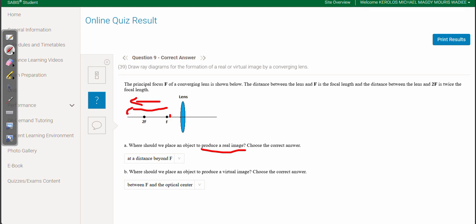Any object placed here will produce a virtual image. Just know this. Any object between F and the lens, or F and the optical center, will always produce a virtual image. Anything beyond that will produce a real image. So where should we place an object to produce a real image? Anything beyond F, sorry. And where should we place the object to produce a virtual image? Between F and the optical center. This part. That's all.